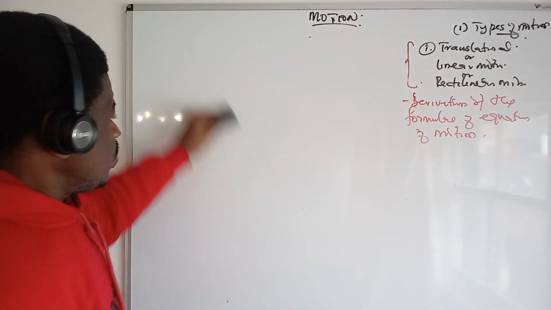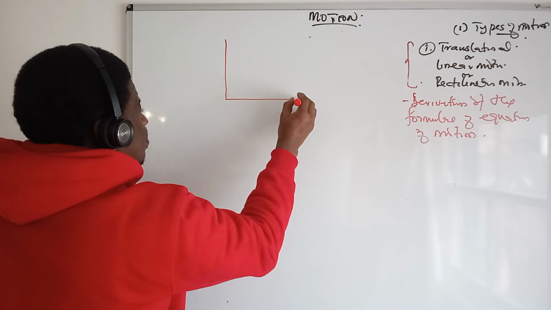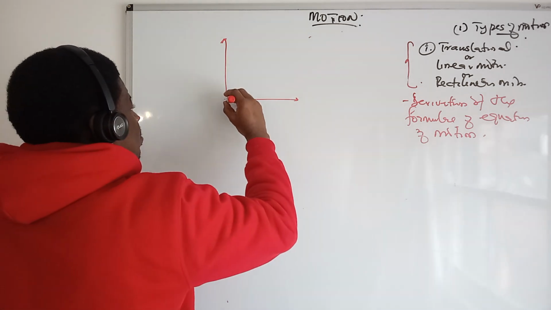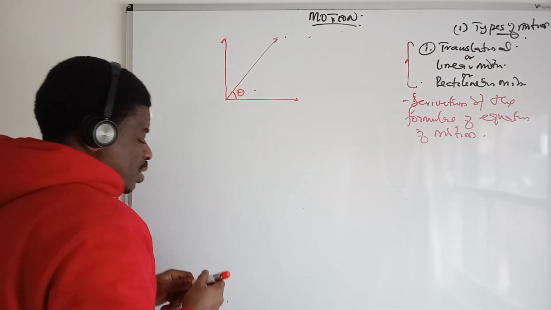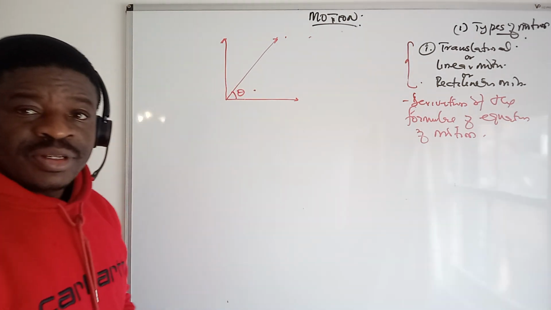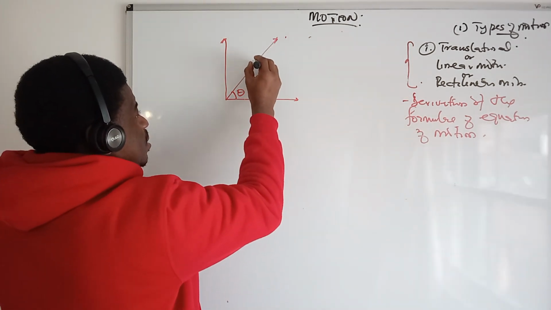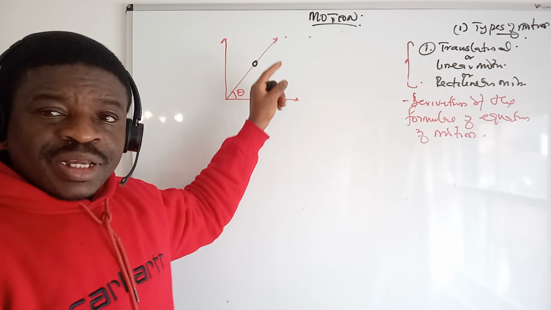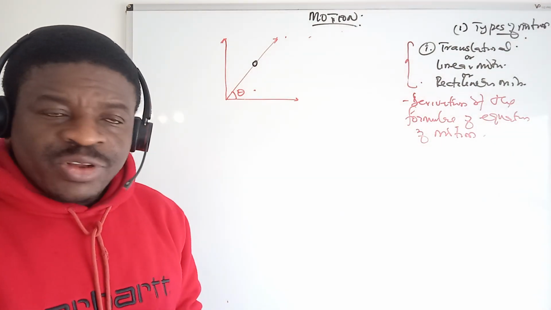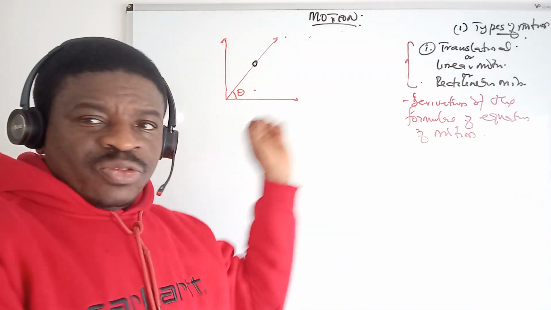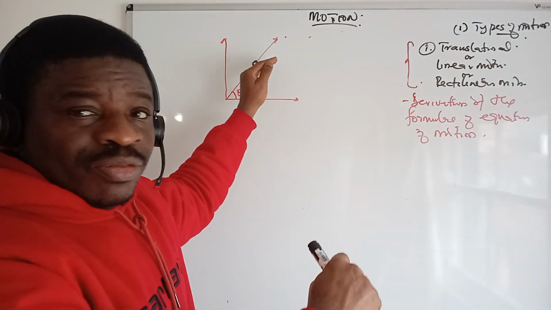Now, for projectile, really, this is what happened. You threw an object, let's say this is the object. You throw an object at an angle. Projectile, what are the things moving on projectile? You throw a stone, you are throwing it at an angle.